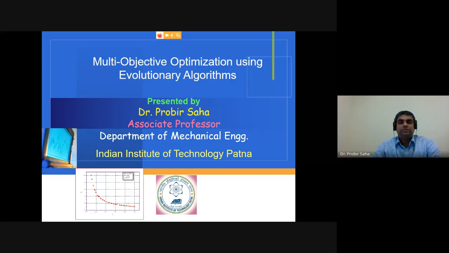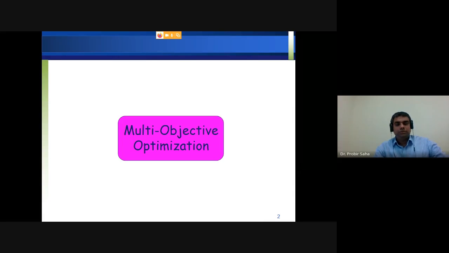So, okay, the topic which I was given is multi-objective optimization using evolutionary algorithms. The name evolutionary algorithms itself says that it is something different from conventional optimization algorithms, and it also works differently. So we will restrict ourselves particularly to multi-objective optimization only.